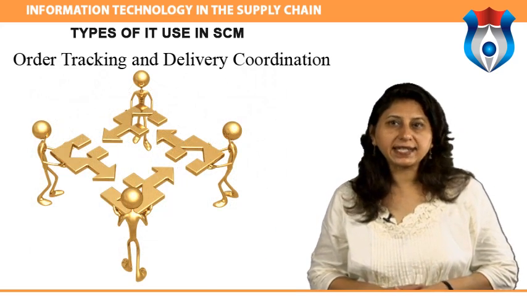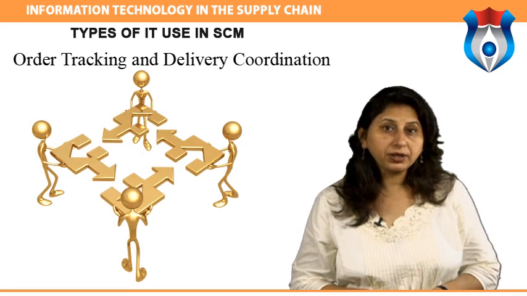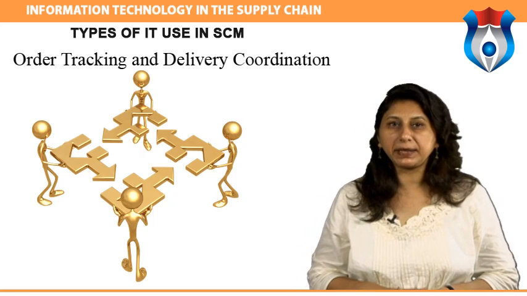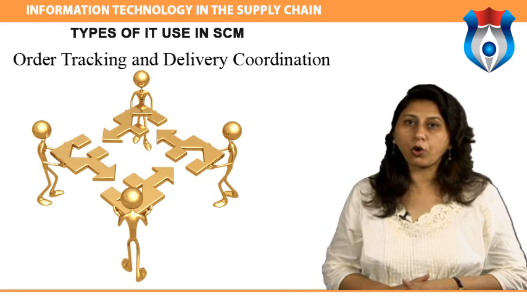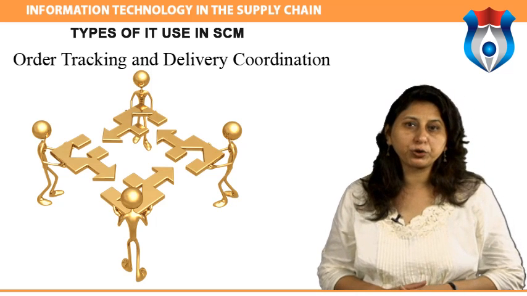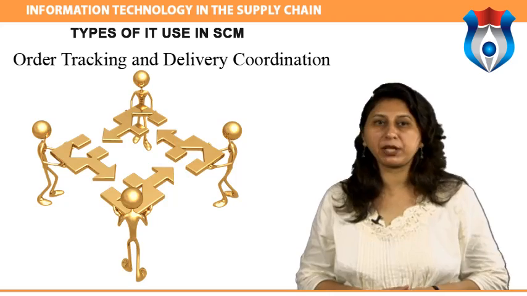Order tracking and delivery coordination. 5 companies, H, I, K, M, P, in our sample utilize IT systems in order tracking and coordinating the progress of orders or deliveries or in providing this information.